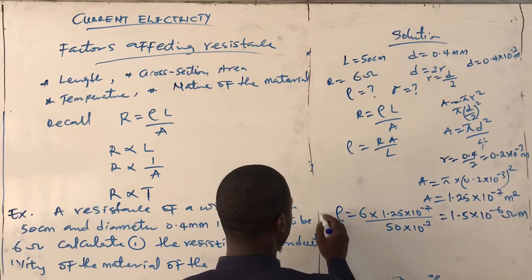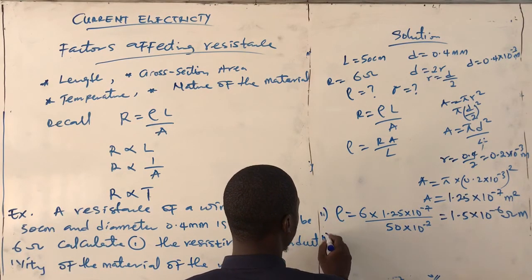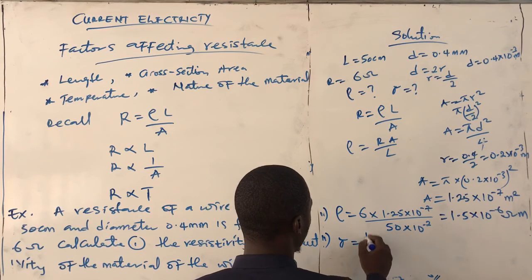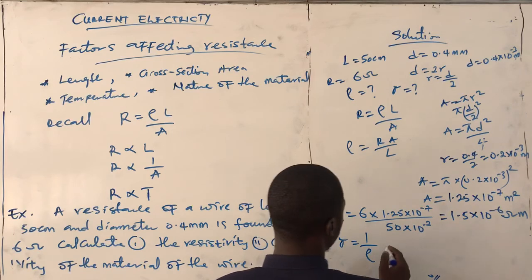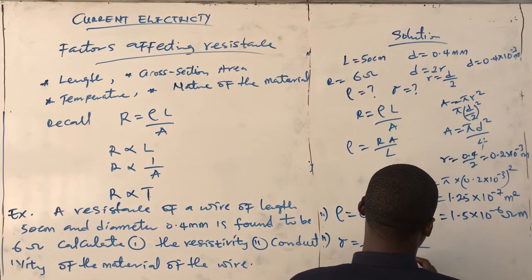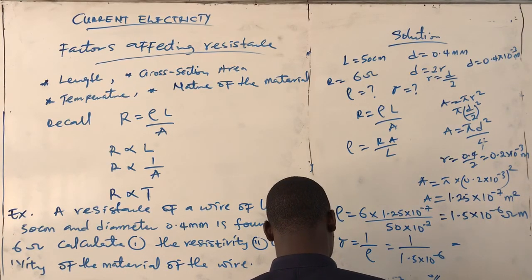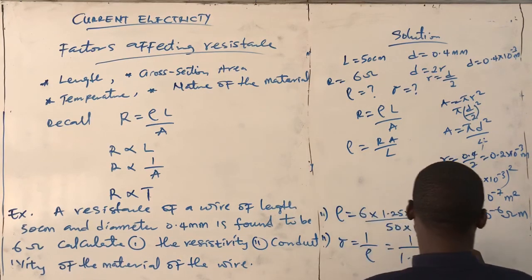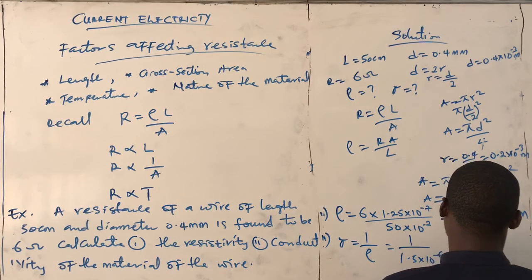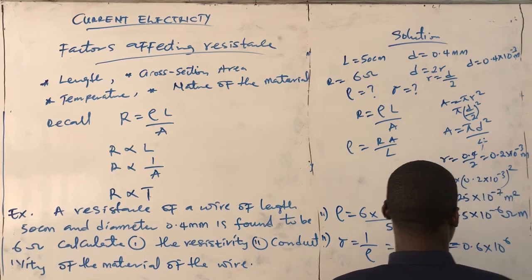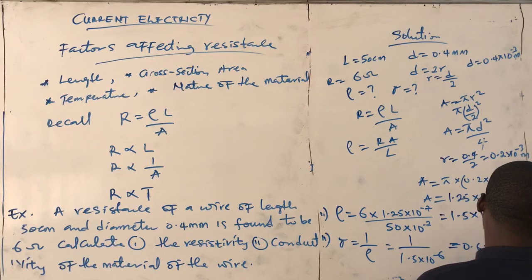Now, the second question said we should find the conductivity. We know that conductivity is equal to 1 over resistivity, which is 1 over 1.5 times 10 raised to power minus 6, which is 0.6 times 10 raised to power 6 per ohm meter.